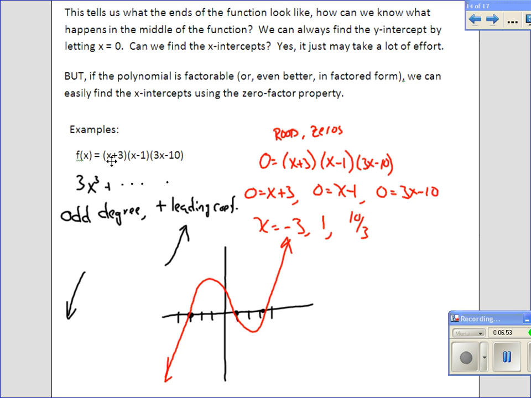But we also can take each of these different factors, set each equal to 0, and solve, and we get x-intercepts. We have an x-intercept at negative 3, an x-intercept at 1, and an x-intercept at 10/3, so 3 1/3. So I know it's going to pass through these values, and I know it's going to go shooting up to the right, shooting down to the left. So if I connect all that with a smooth continuous line, I know what my graph looks like.